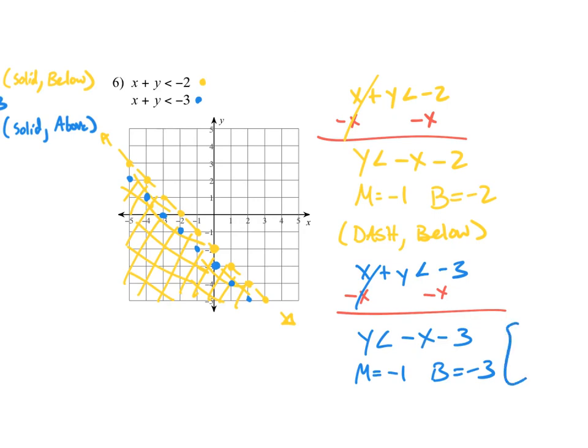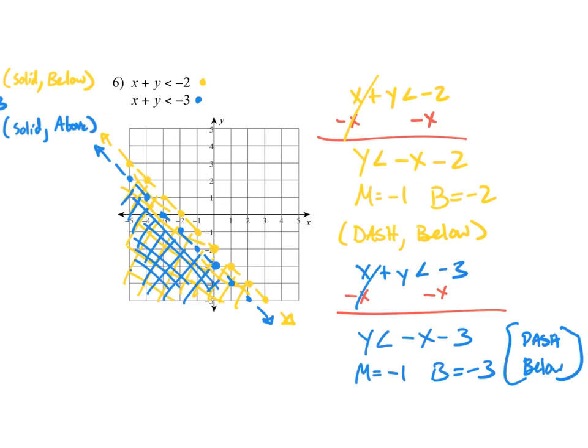This is a dashed line. So you go through again just like before. And as you look at it, it is y is less than. So again, it will be below. So it's everything underneath. Good. All right. Now, I'm finishing shading this thing in.